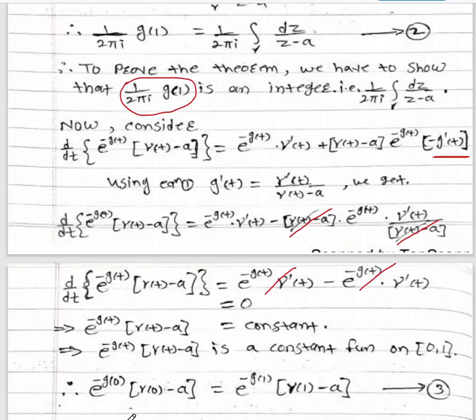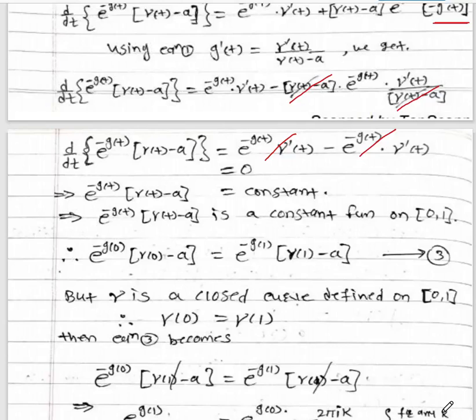Okay, so which implies for t equal to 0, we get e raised to power minus g of 0 into gamma of 0 minus a, equal to e raised to power minus g of 1 into gamma of 1 minus a. Okay, equation number 3.